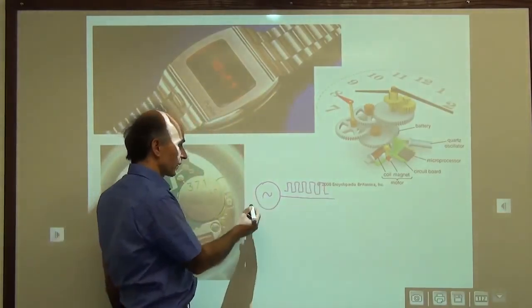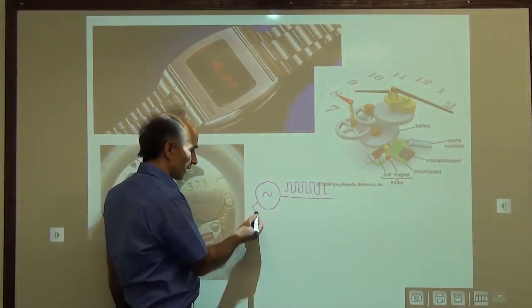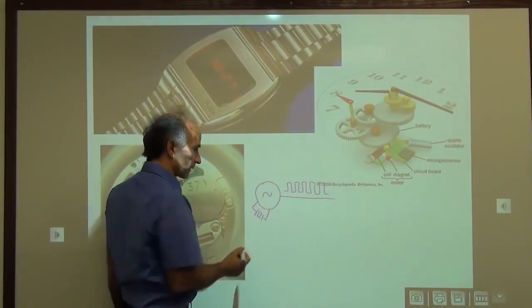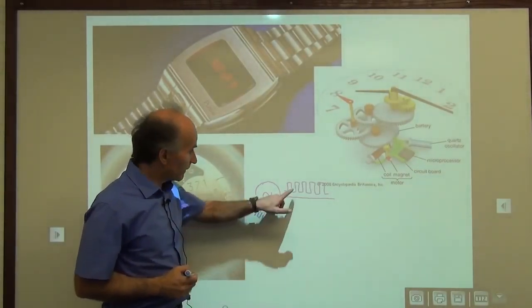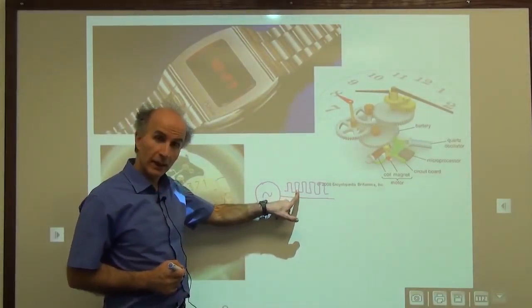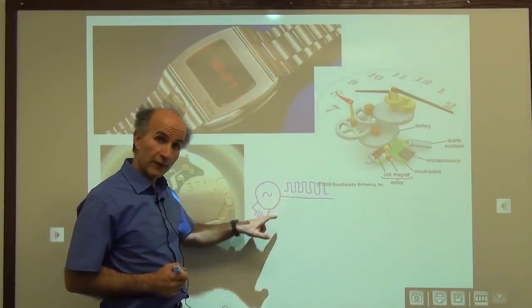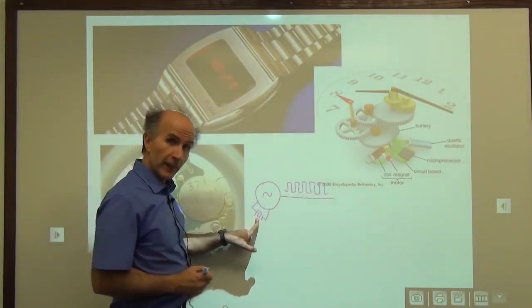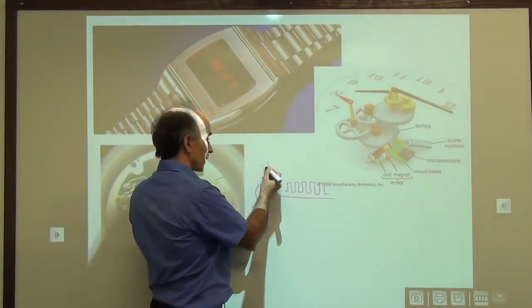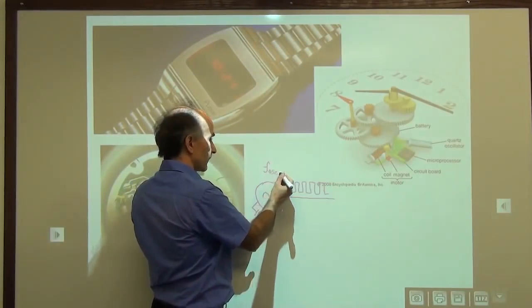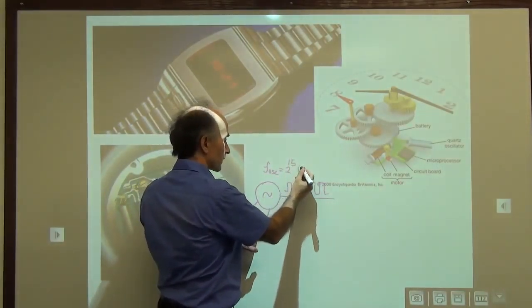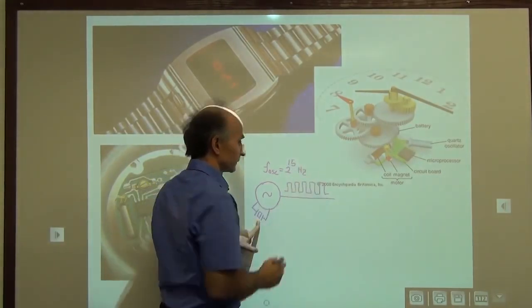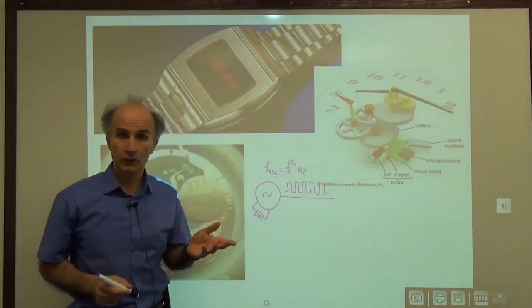And to this oscillator, we have attached a crystal. Crystal is shown by this symbol. The frequency of this oscillation is given by the resonance frequency of this crystal, and it is equal to 2 to the 15 hertz. All right, it's about 32 kilohertz.